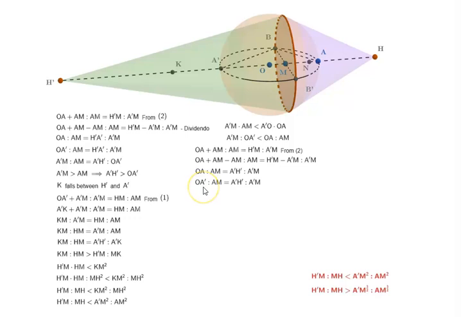OA is equal to OA prime, both are radius. So OA prime is to AM is equal to A prime H prime is to A prime M.